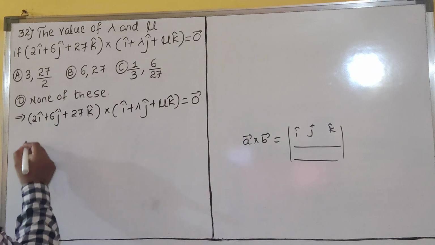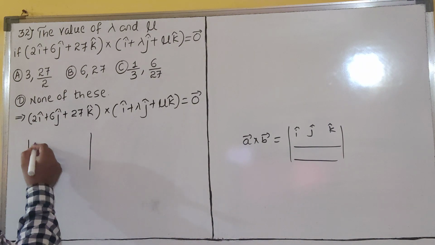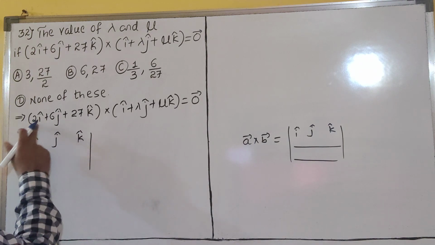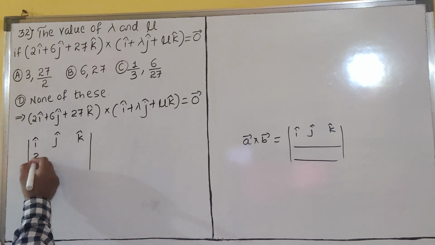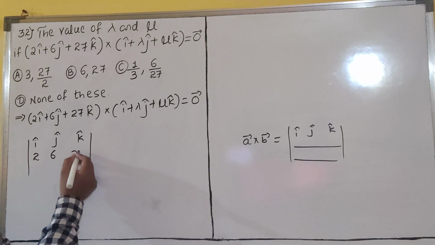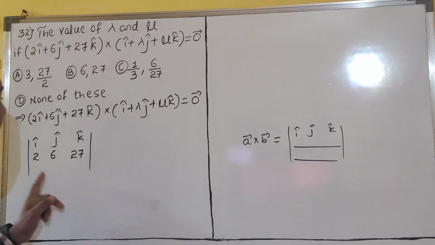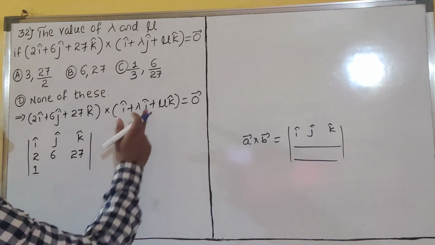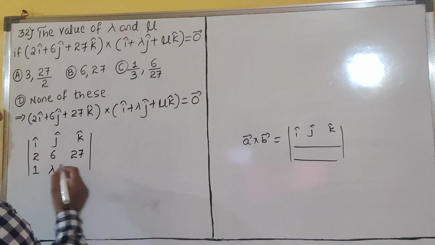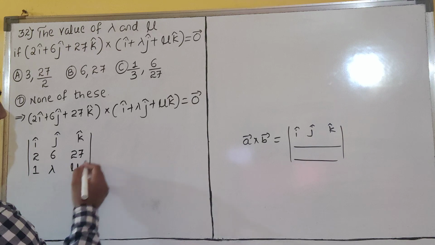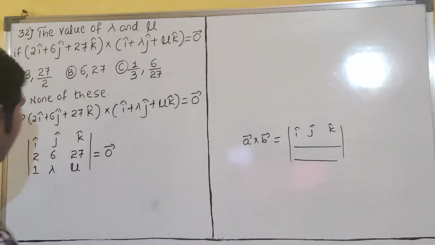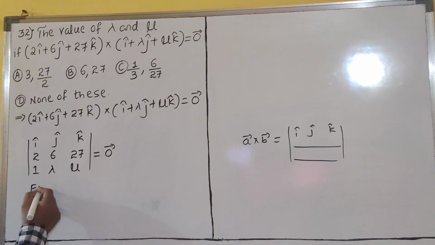We can write the same thing as a determinant: i, j, k, and vector A coefficients are 2, 6, 27, dear students, and vector B is 1, what is the y value? λ, and the z value is μ, is equal to the 0 vector. Clear? So now expand R1.